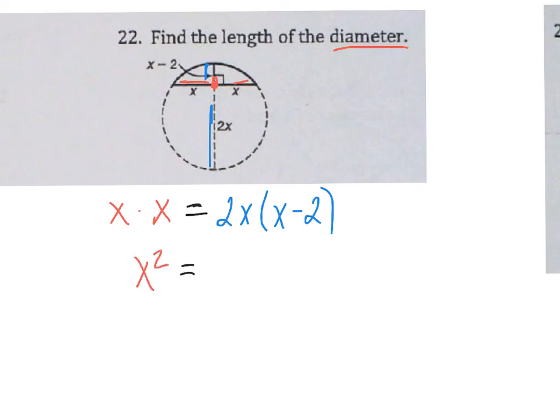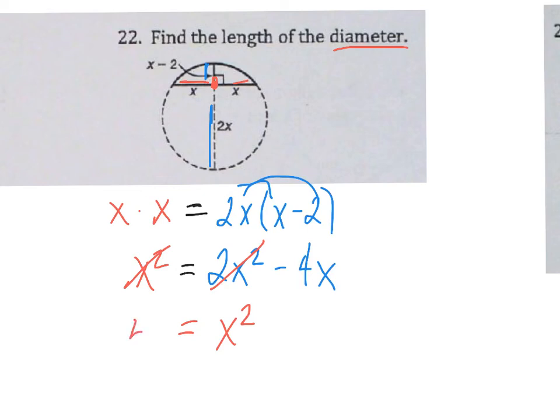On the right hand side, after I distribute, we end up with 2x squared minus 4x. Looks like we can get rid of this x squared, so that's just going to leave me with 1x squared. Move the 4x to the other side, and the last thing I'm going to do is just get rid of one of my x's. So it looks like x equals 4.